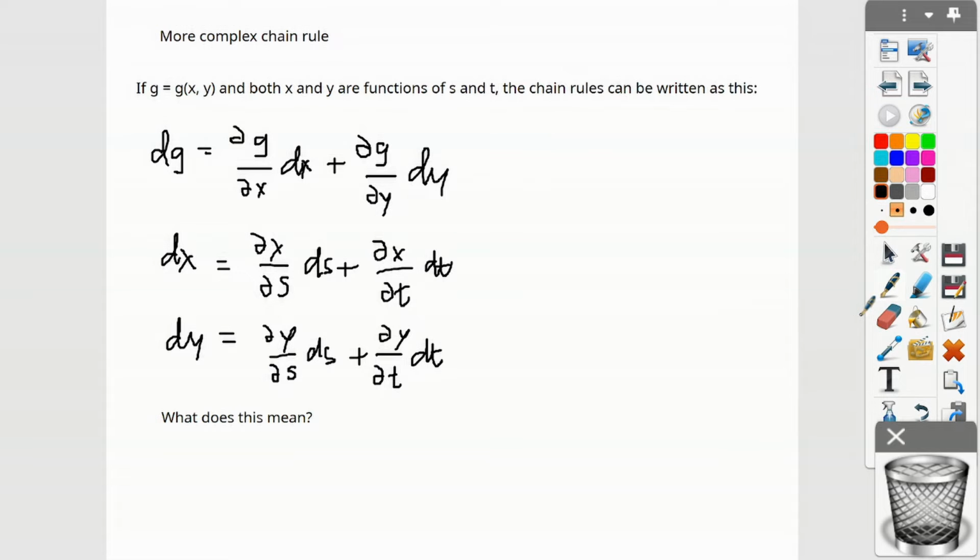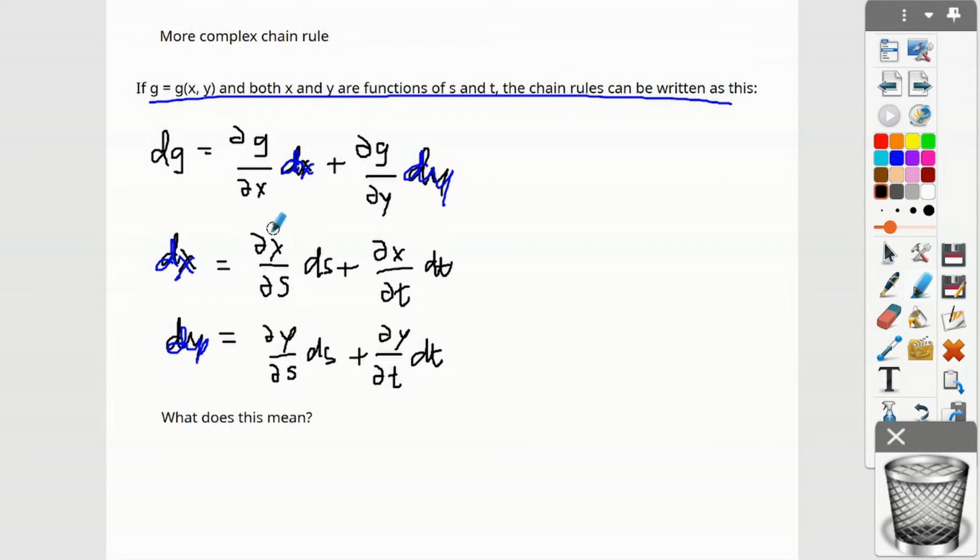That's kind of like the chain rule that we have initially, but this is a more complex chain rule because, well, you'll see. So notice, if g is g of x, y, and x is x of s, t, y is y of s, t, those are your two other variables that you'll see. So this is dx. Notice you have dx and dx right here. You have dy and dy right here. So what does this mean?